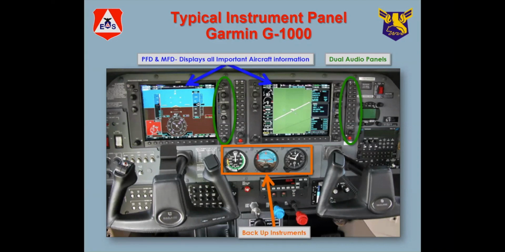If you look all the way to the right, or the middle and the right, you'll see a green circle. Those are the communications panels for navigation and communication that are accessible to both the pilot and the co-pilot or observer. So that's what the dual audio panels are.